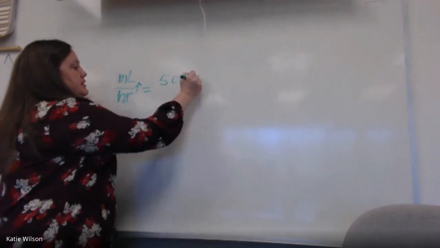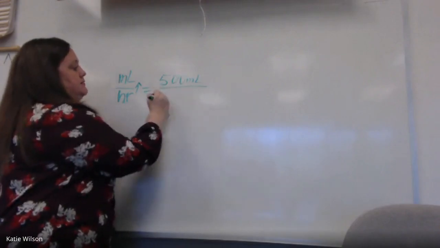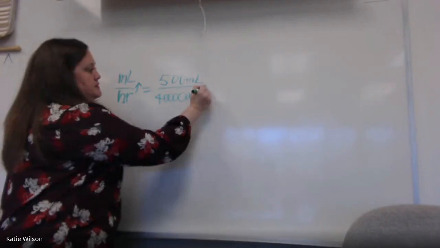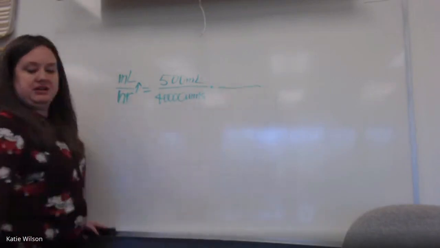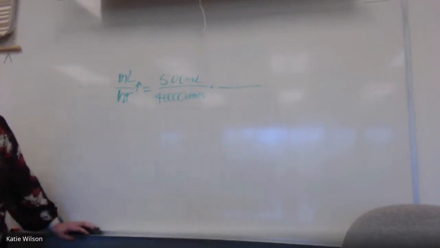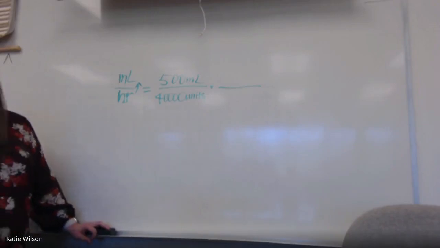The current bag contains 40,000 units in 500 milliliters. So 500 milliliters and 40,000 units. My concentration is 100 units. My increase, 100 units per hour.